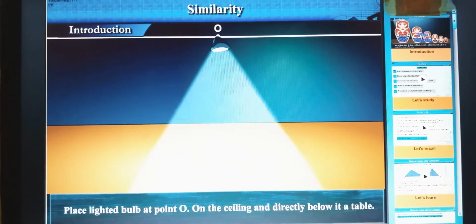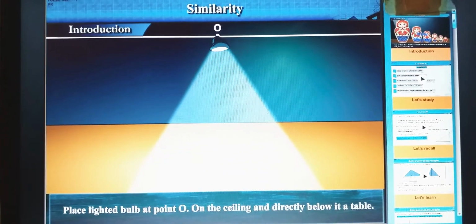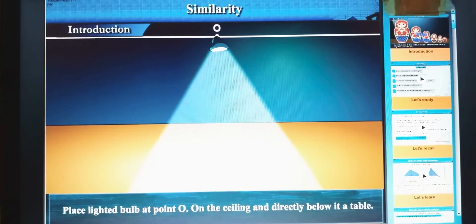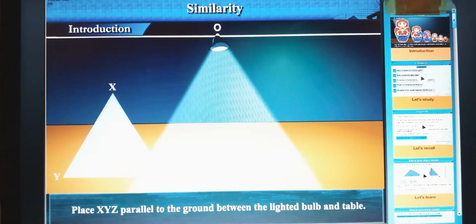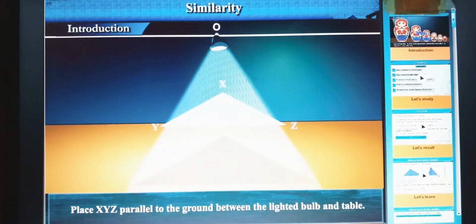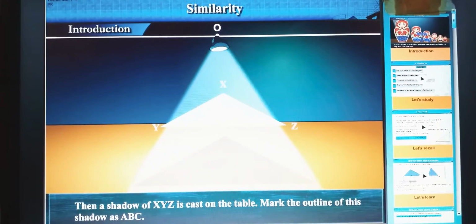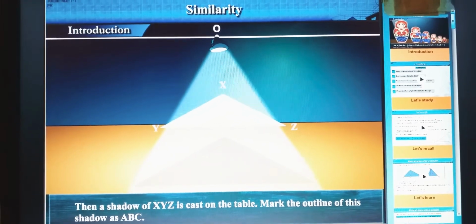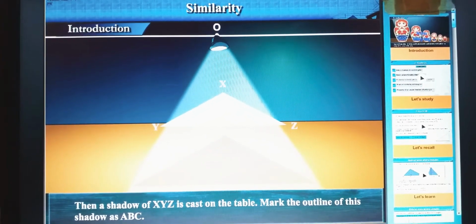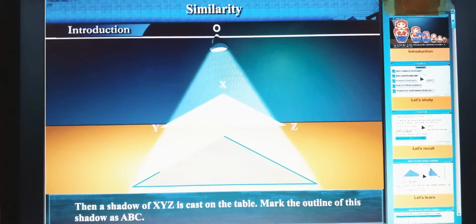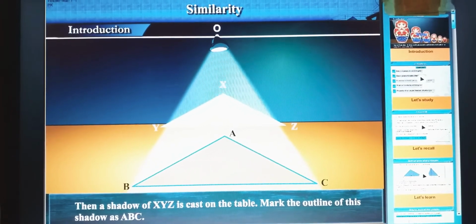Place a lighted bulb at point O on the ceiling and directly below it a table. Place XYZ parallel to the ground between the lighted bulb and the table. Then a shadow of XYZ is cast on the table. Mark the outline of this shadow as ABC.